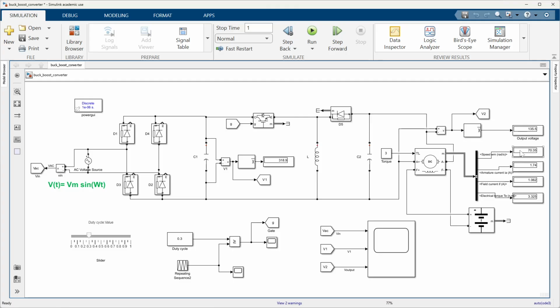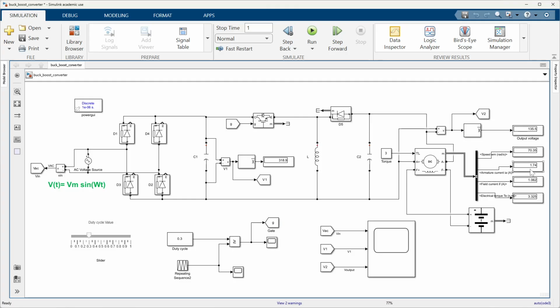So it is less than the rectifier voltage, the DC-link voltage. V2 should always be less than V1, and at the duty cycle of 0.3 we get the speed of 70.35.